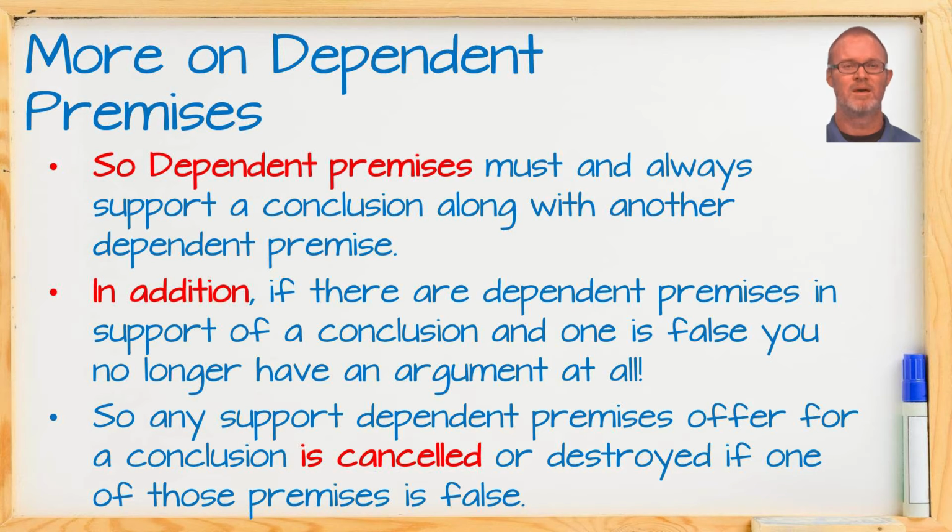And in addition, if you have a situation in which one of more than one dependent premises is false, the support that those dependent premises offer the conclusion is, as you would say, destroyed or canceled, such that there is in fact no more argument for that conclusion. So if one of the dependent premises ends up being false, then you do not have an argument at all from those dependent premises in favor of that conclusion.